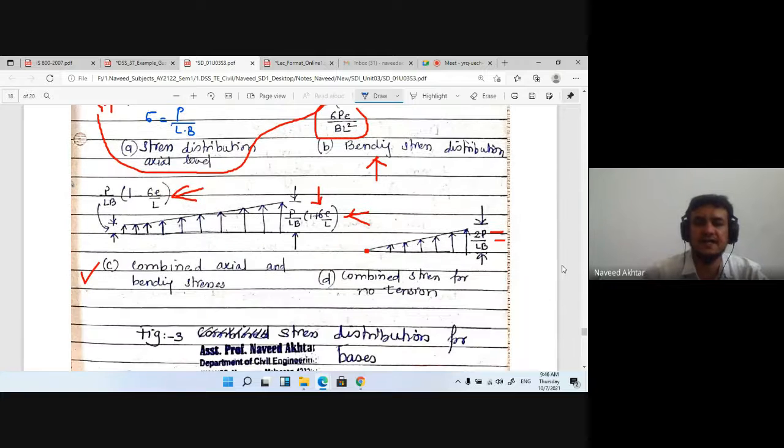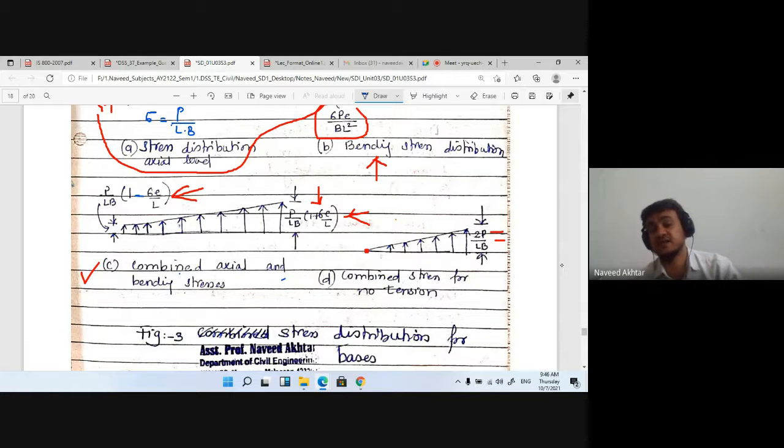If you combine the axial load and bending stress distributions, the combined stress will be P by LB times (1 minus 6E upon L) or P by LB times (1 plus 6E upon L).